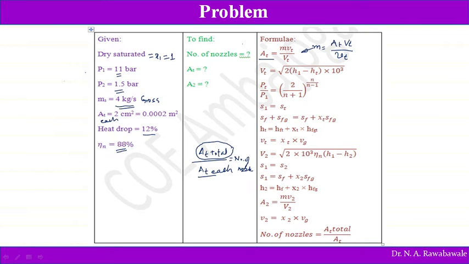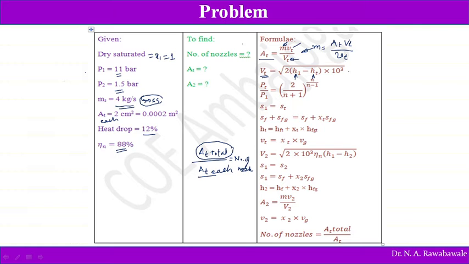The mass flow rate of steam is given as the total gross flow. We have to calculate the specific volume of steam and the velocity of steam at throat. To find the velocity at throat, we must know the enthalpy at inlet and the enthalpy at throat.